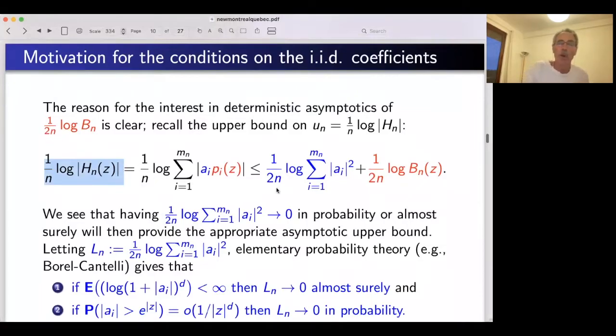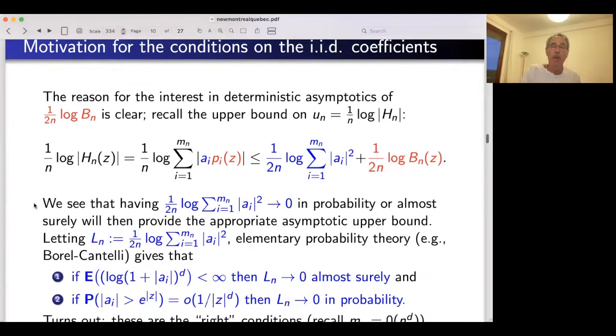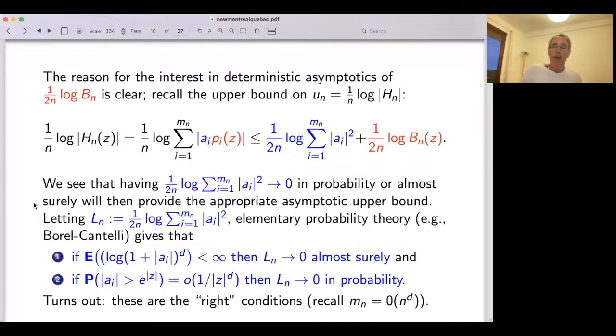This 1 over n log mod hn, this blue part, the probabilistic part, plus this red part, the deterministic part. So if we have the blue part going to 0 in an appropriate probabilistic sense, in probability or almost surely, then at least we'll have the right upper bound if we have good bounds on the deterministic part.